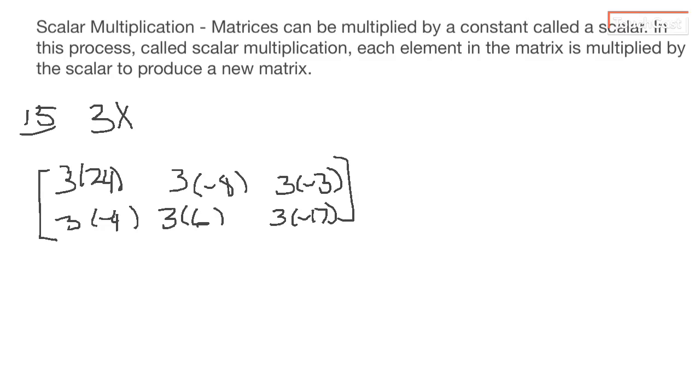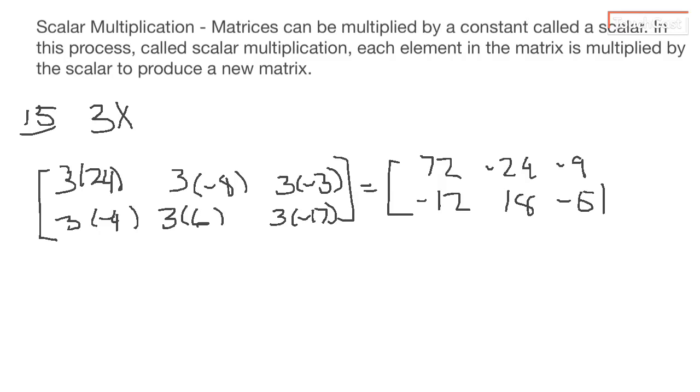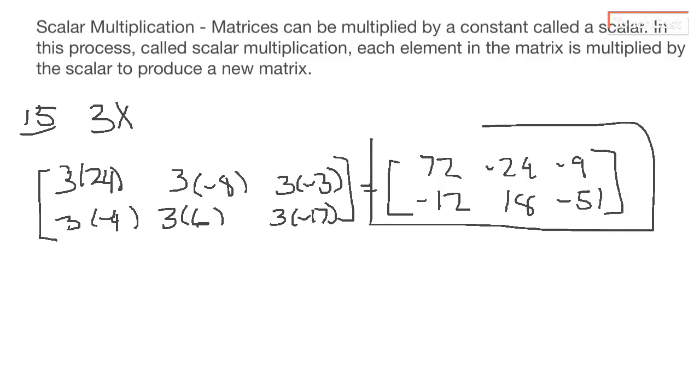You can go ahead and use a calculator to do the multiplication if you're afraid of doing it. When you do the multiplication, we're going to get the resulting matrix: 72, negative 24, negative 9, negative 12, 18, and negative 51. And we're done with that one.